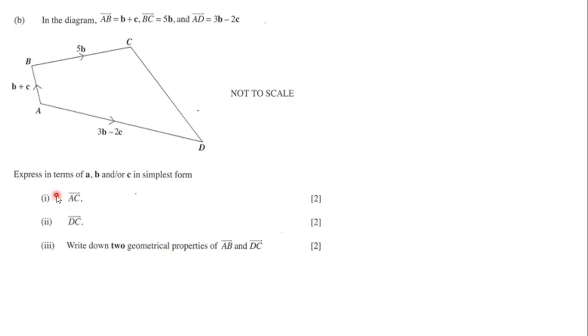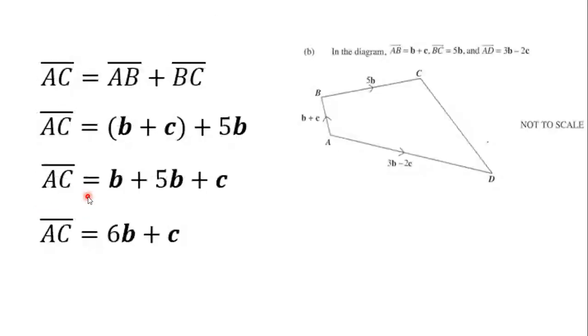Okay, so let's consider the question BI. We're trying to figure out what is AC. AC means we start at A and end at C. How can we reach that destination?